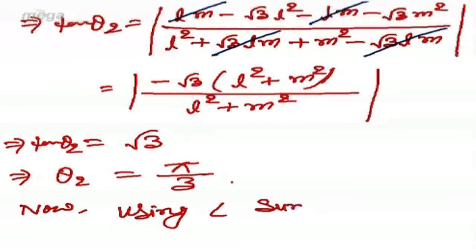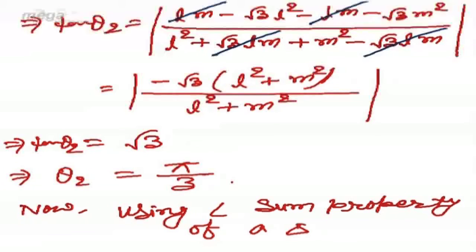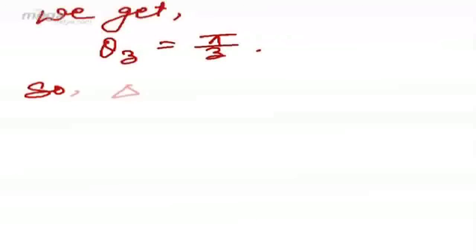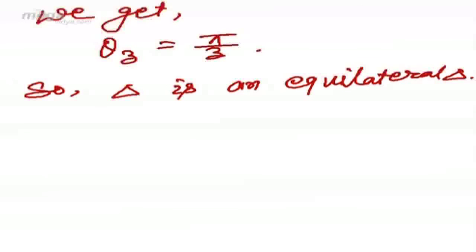Using angle sum property of a triangle, we get theta 3 is also equal to pi by 3. So the triangle is an equilateral triangle as all the three angles are equal and equal to pi by 3.